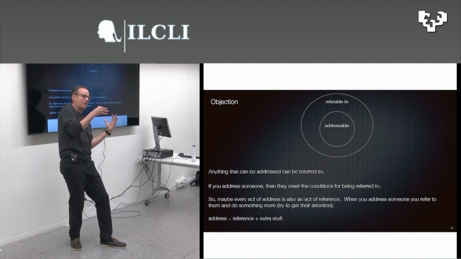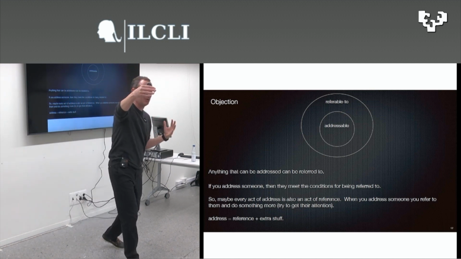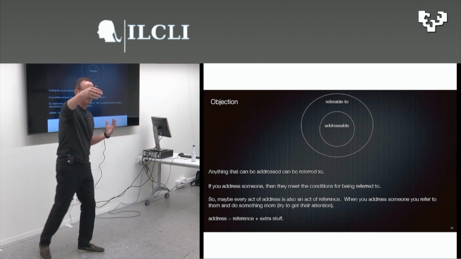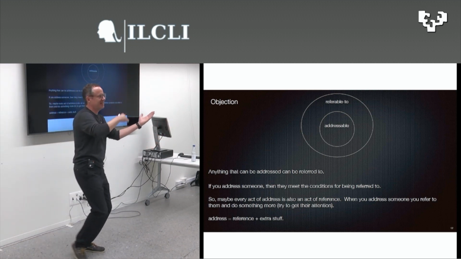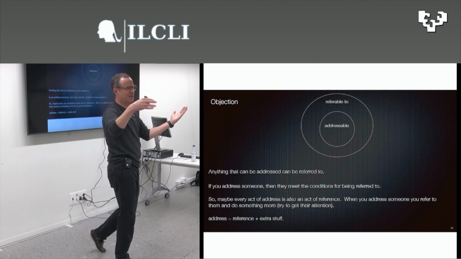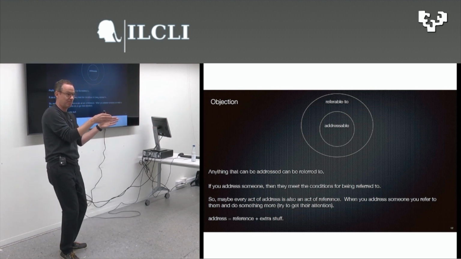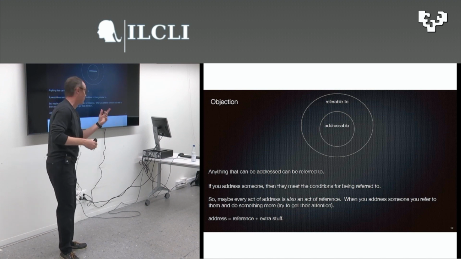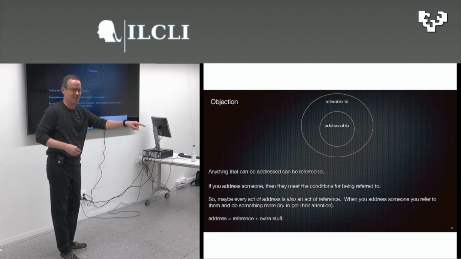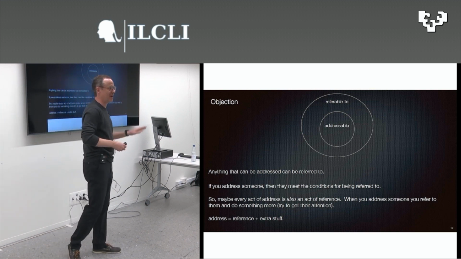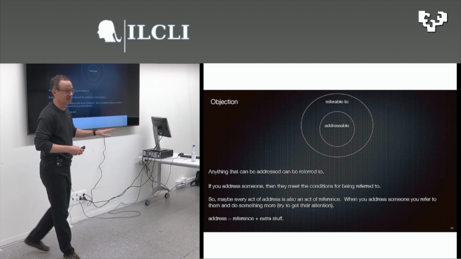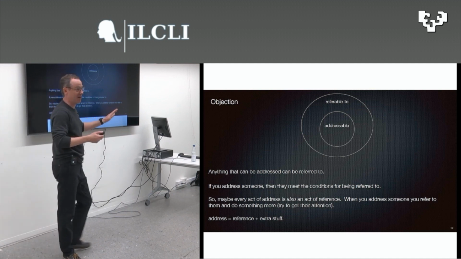But then it's like reference plus some other stuff having to do with getting someone's attention, right? You refer, in addition, along with some extra stuff about addressing. But there's reference at the core of address. An act of address is like an act of reference plus some extra stuff about getting attention. Okay, so for all I've said so far, I have not ruled out that idea. That's still a live option now.